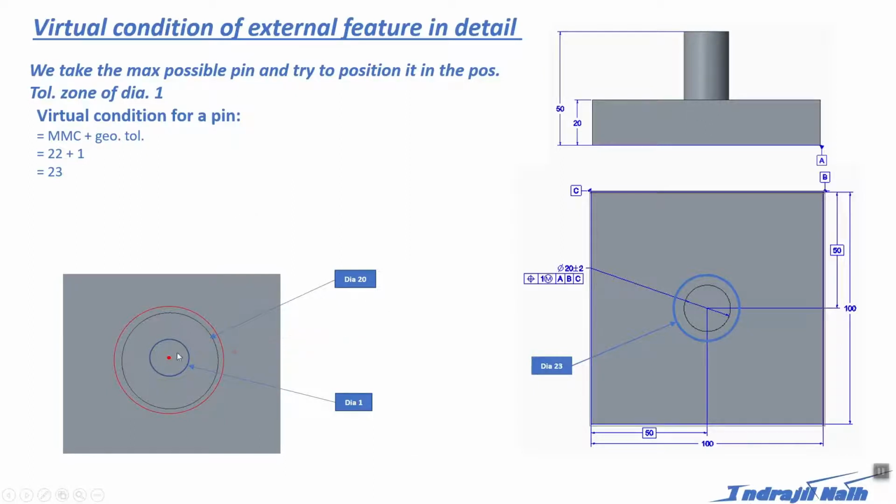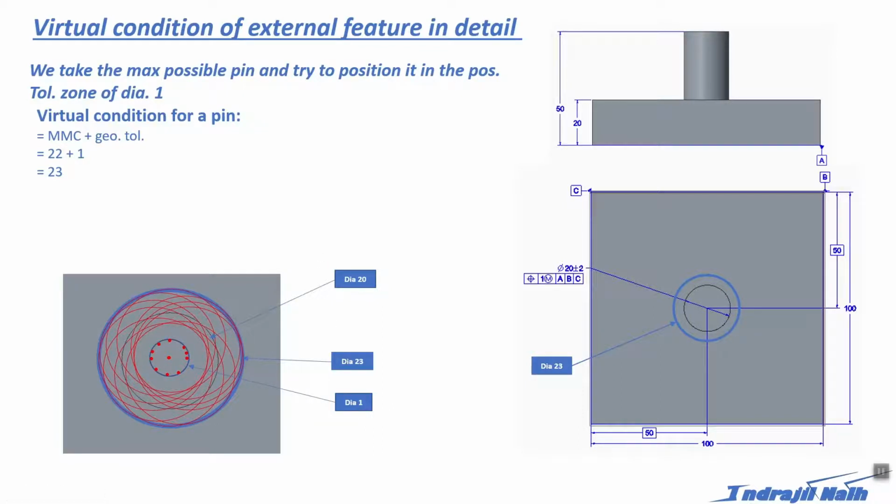If we try to position this axis anywhere around here, at the extreme edges, it can take all these values. If we consolidate all the circles and take the tangent around all of them, you get one more bigger circle. This is your virtual condition. Wherever your pin is, it will never cross this region. So this is your virtual condition, 23.